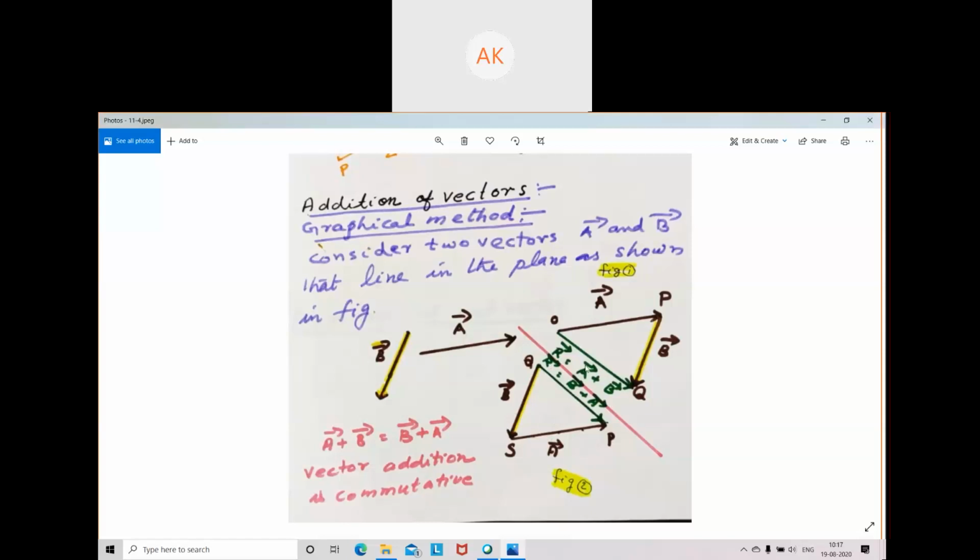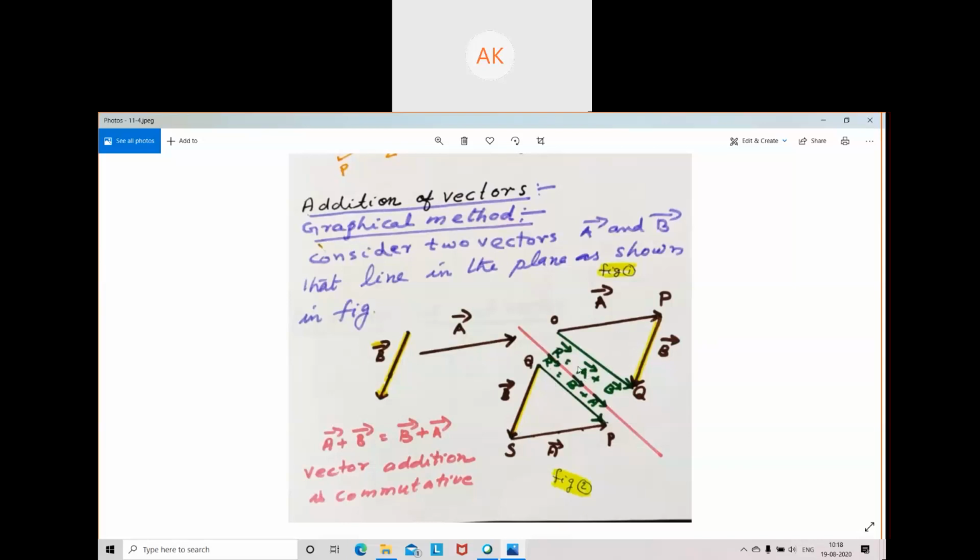And one more thing, you see, I have drawn it very near to this. These two figures are near, and you see both have a resultant. When you measure the length of A plus B, this R will be the same as this R, because A plus B equals B plus A. In figure 1 and figure 2, the resultant vectors are parallel.